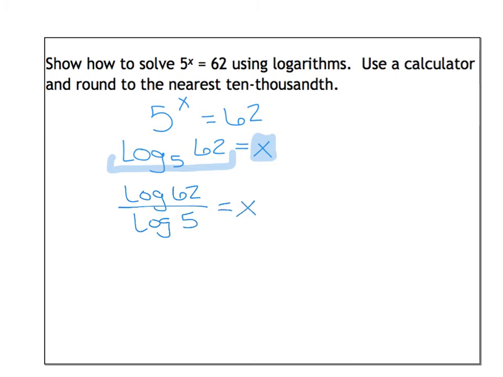All right, and I'm going to divide that out. And that will give me 2.5643. All right, and that's equal to x. And again, we want 4 numbers after the decimal point rounded.